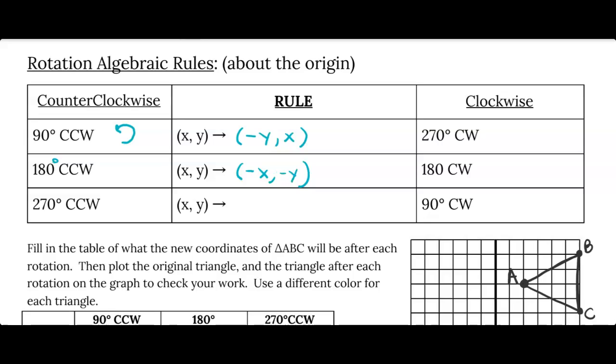270 degrees counterclockwise, again, is going this way. And it's going to change your order, but it's actually going to change the sign of the original X. It's important to note that 90 degrees counterclockwise and 270 degrees clockwise end up at the same location. And that's because 90 plus 270 is 360, which would be a full rotation.